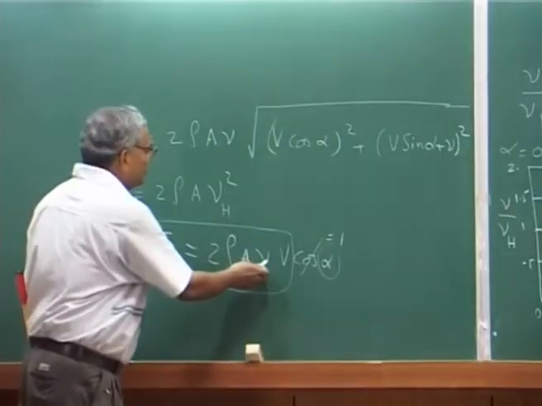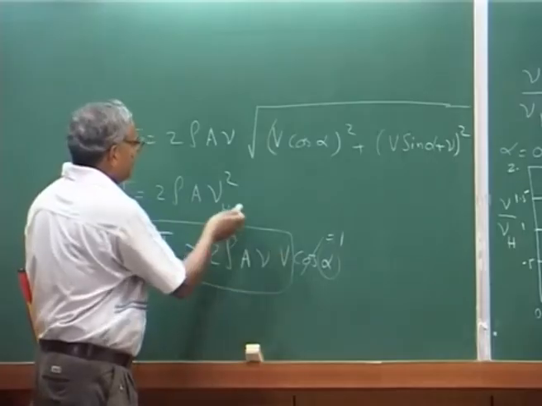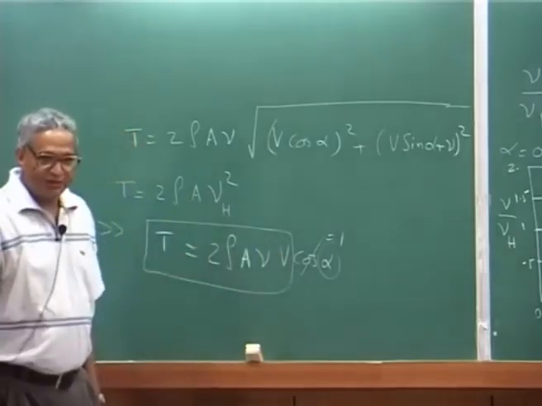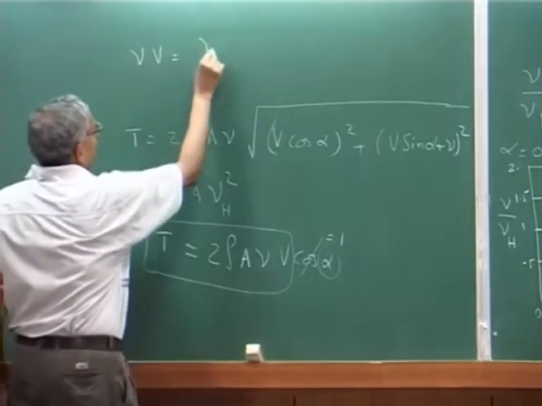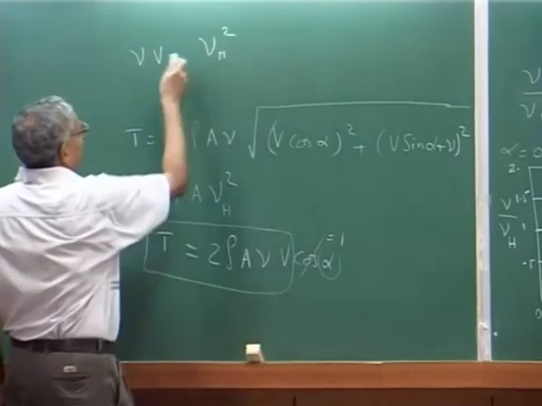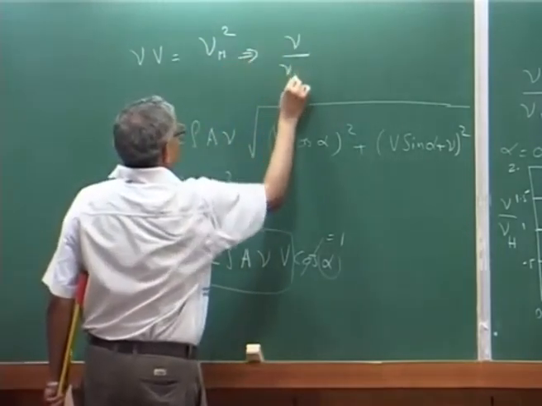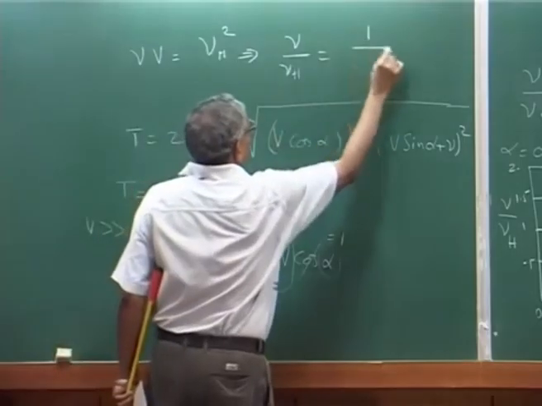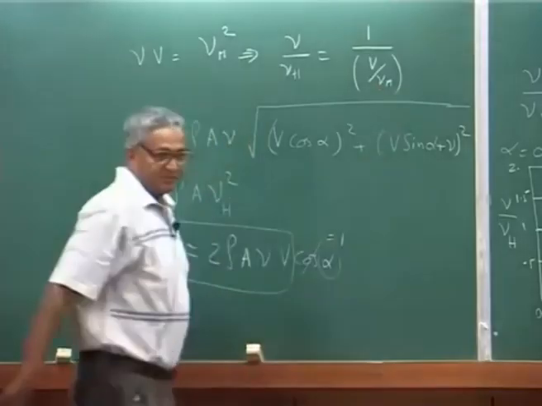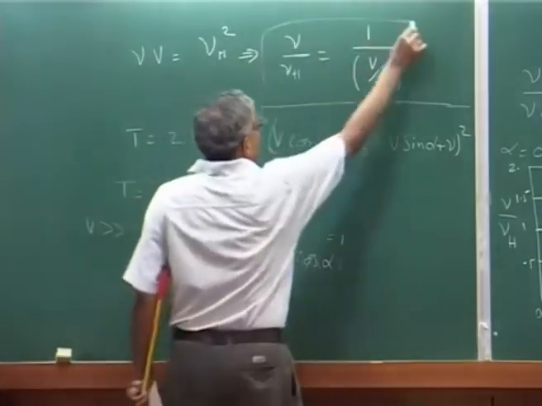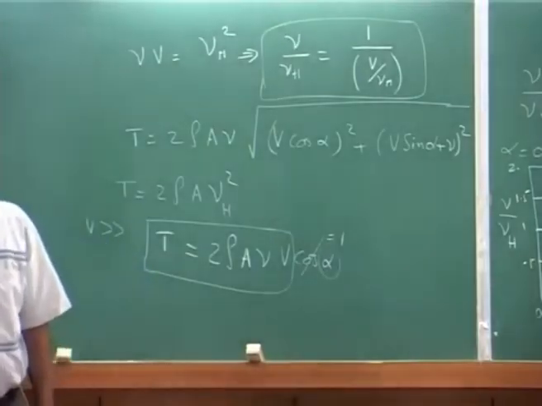So you will have nu into v is nu h square. You take one nu h, this will lead to the result. Very simple.